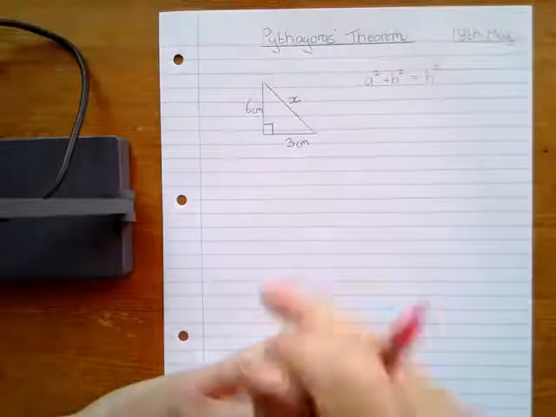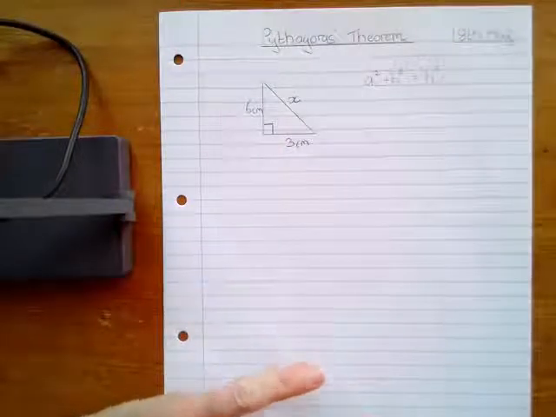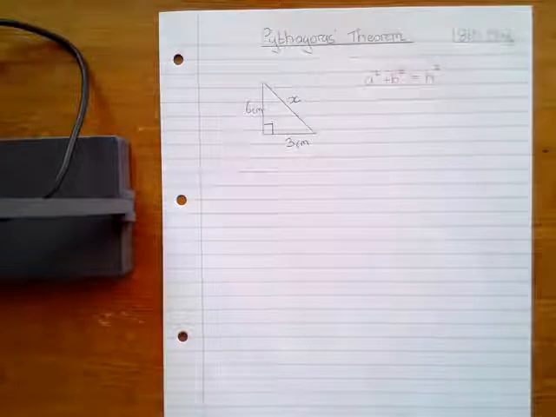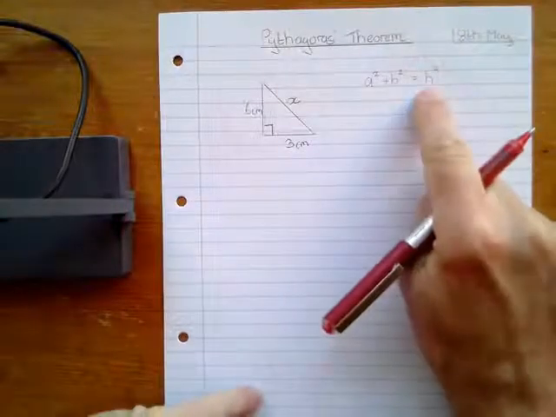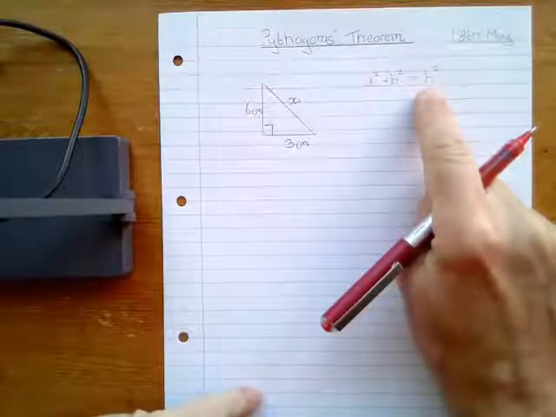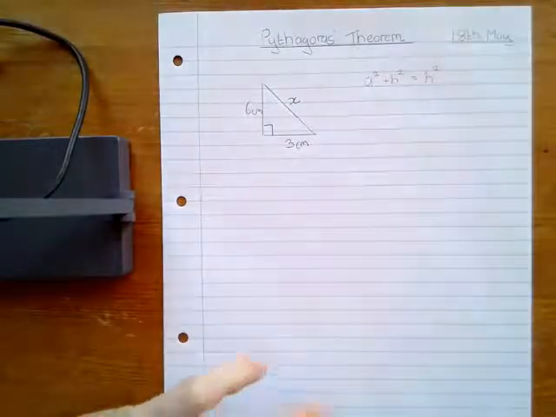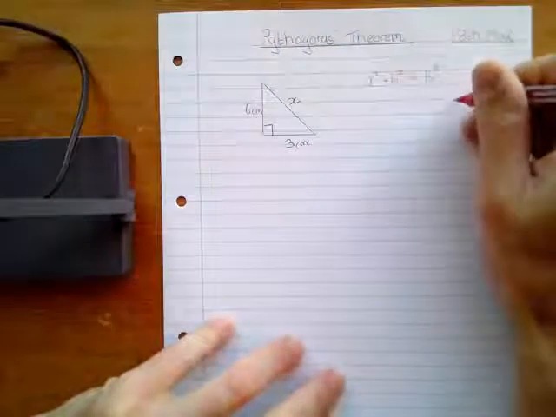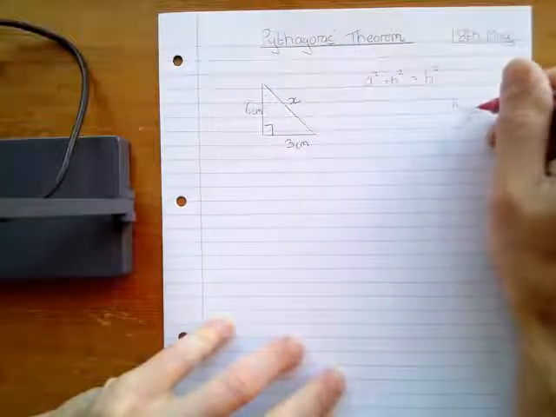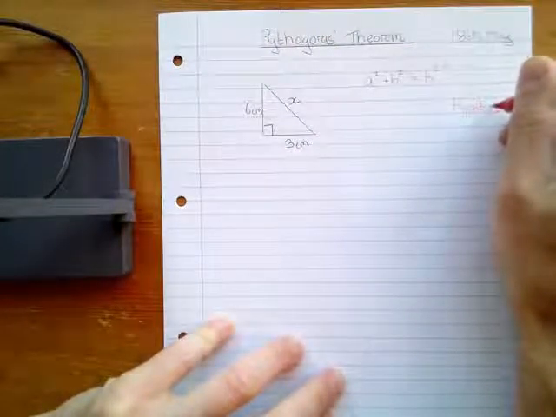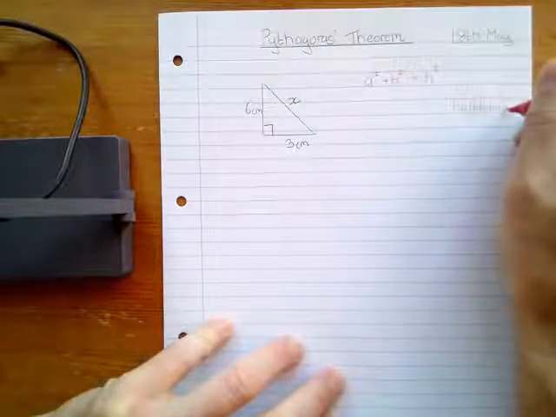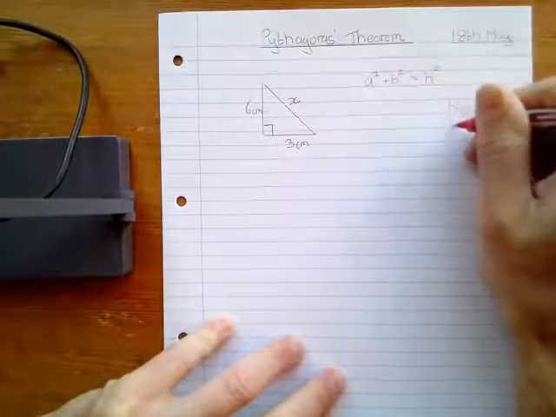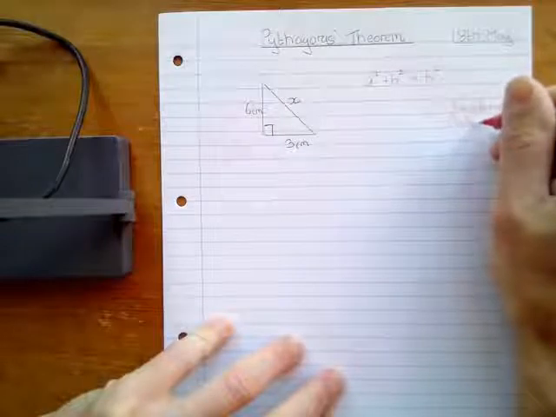And you just need to label them on the diagram so you know which one's which, and you can use the formula. Start with the h. Why do we use h? Because it stands for hypotenuse. Okay, let me just write that word somewhere for you so you can see it. Hypotenuse. And it's the longest side of the triangle.